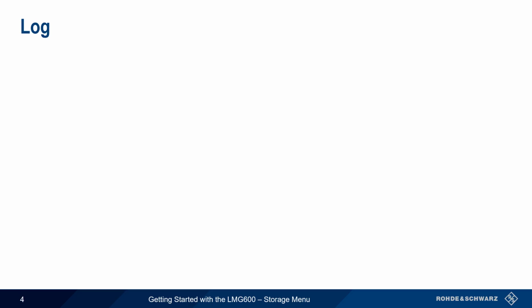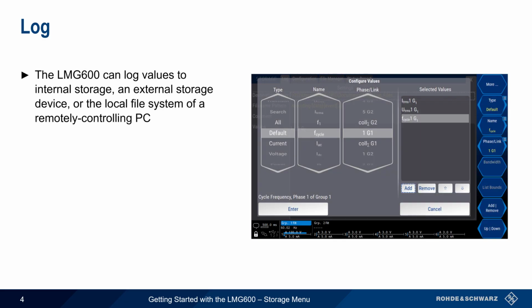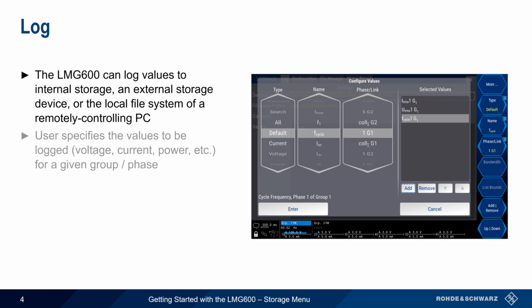Let's start with logging. The LMG600 can log values to internal storage, to an external mass storage device, such as a USB drive, or to the file system of a PC that's remotely controlling the LMG. After specifying the file name and save location, the user then specifies the values to be logged, such as voltage and power, for a given group/phase.